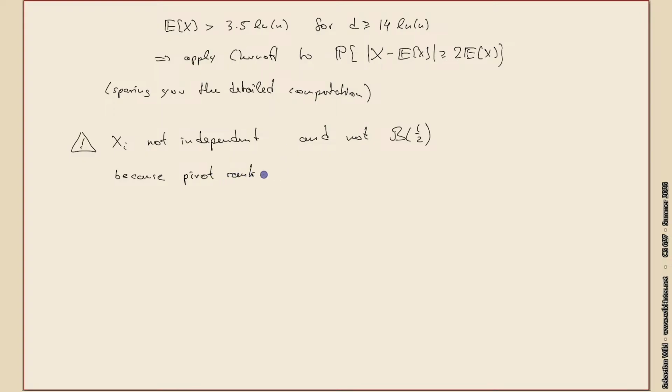Because the pivot rank has to be a multiple of 1 over n. Or the relative pivot rank, I guess. Let's say it has to be integral. So in the picture, I pretended that we have a uniform random variable at each level, and the truth is it's not exactly that.